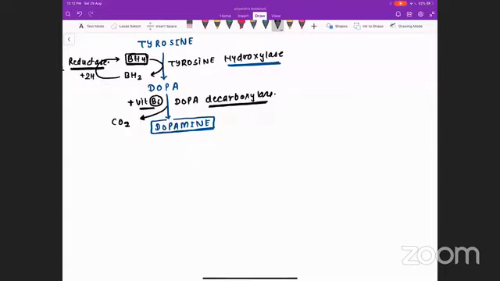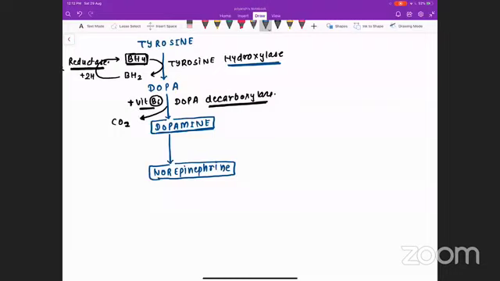Then this dopamine can convert into another type of catecholamine with the name of norepinephrine. Norepinephrine or noradrenaline is the same.